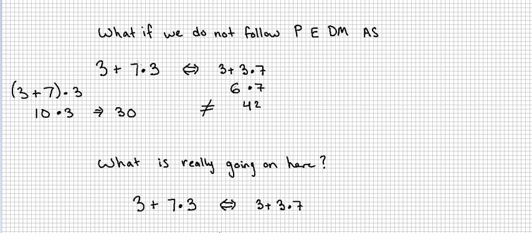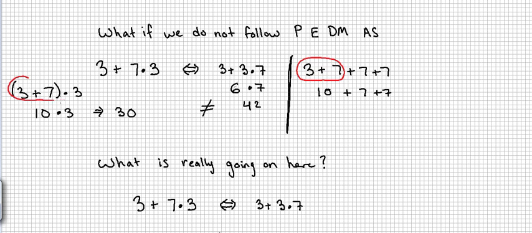Essentially, if we were to expand this out, we would get something a little different. So if we had 3 plus 7 3 times, so 7 plus 7 plus 7, and then we add them. So let's think about adding them. Now this would be 10 plus 7 plus 7. Well, see, this right here is not the same as this right here.